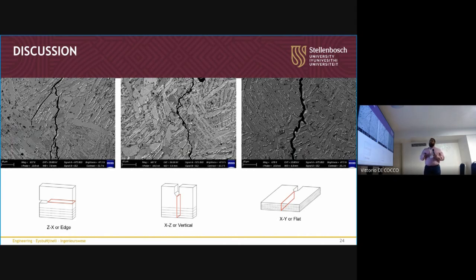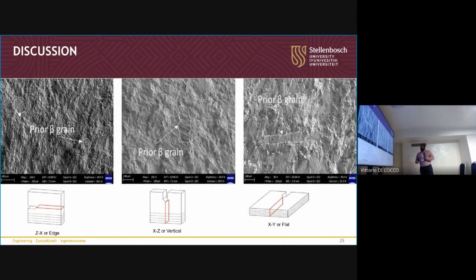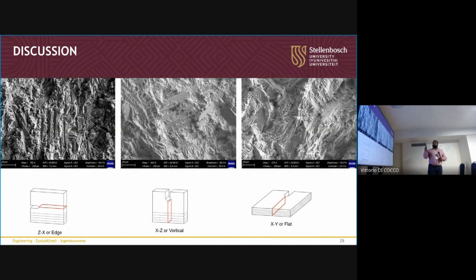And there is also now an alpha-beta interface, which allows for more crack tortuosity, branching and bifurcation, which occurs in different orientations and ends up resulting in higher amounts. While I am pointing out prior beta grains in here, it came across as more rough, and specifically within the structure we had more faceted fracture that we could observe, in particular on the flat orientation.